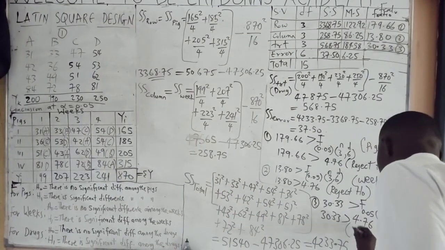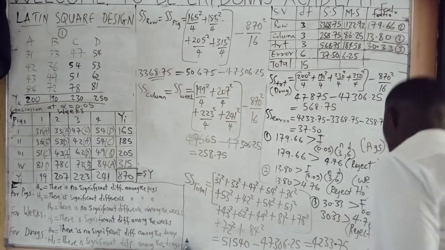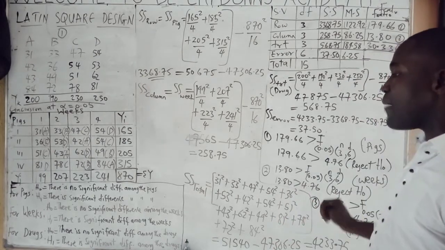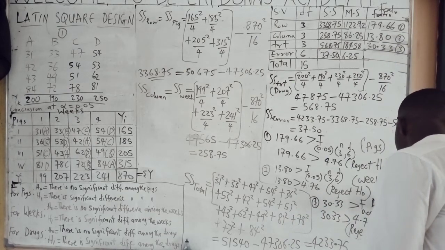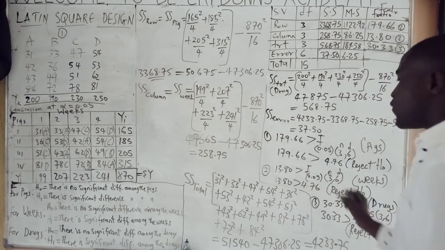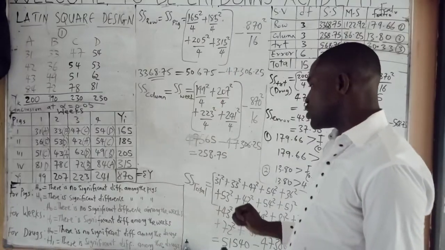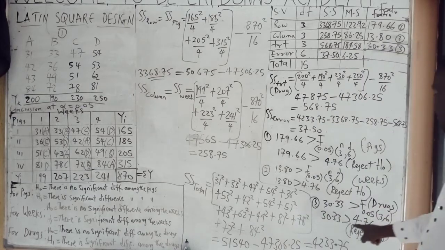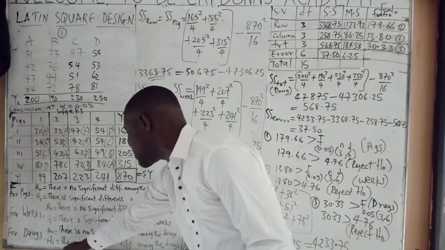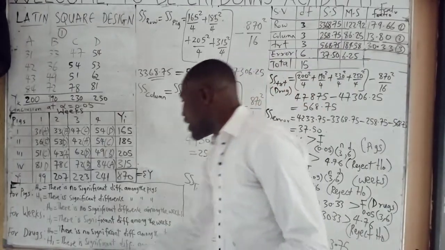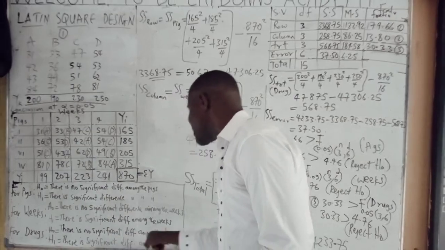Yes. So you also say reject null hypothesis. As you are rejecting the null hypothesis, this one is for the one of drugs. The third one is the one of drugs. You are rejecting null hypothesis, meaning I am rejecting the first statement, taking the second statement, which is the alternative. I am taking the alternative hypothesis that says there is significant difference among the drugs.